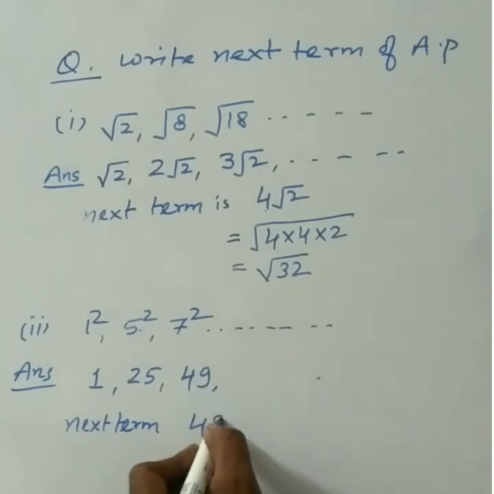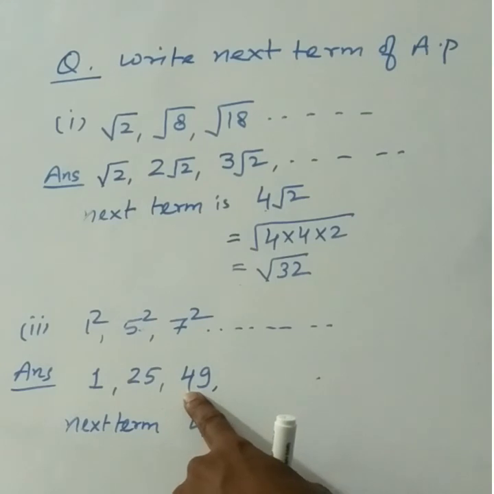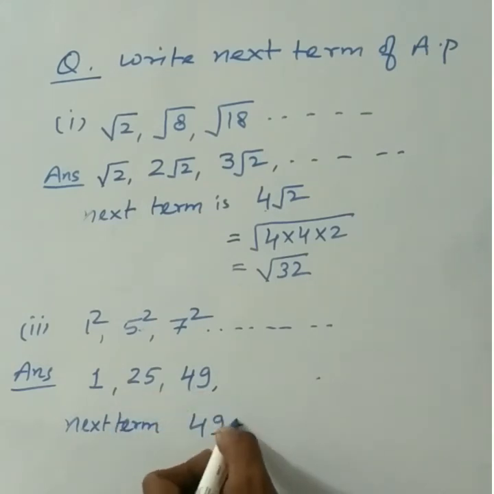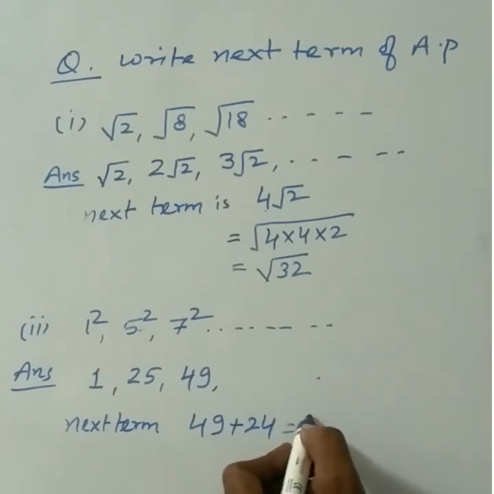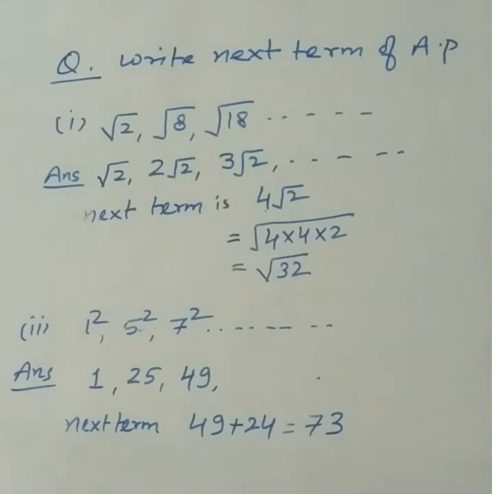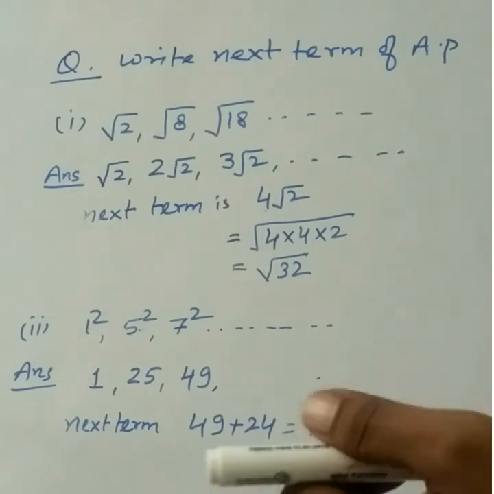Here it is 49, add 24 to this to get the next term, which is equal to 73. So 73 will be the next term. If we wish to find the next term of AP, we have to add d to its previous term. Then we can get the next term of the AP.